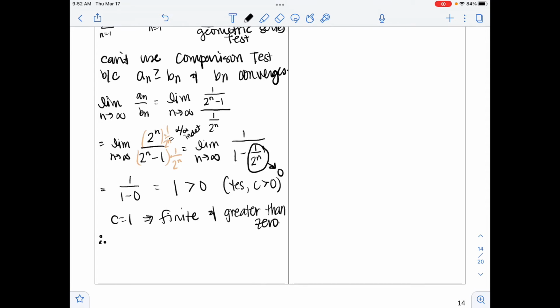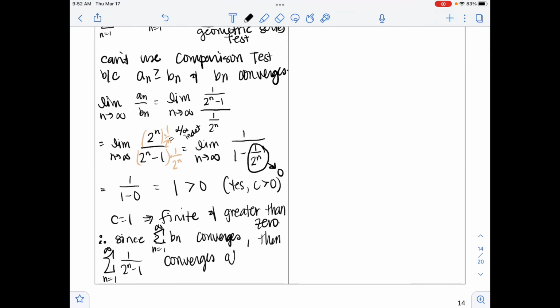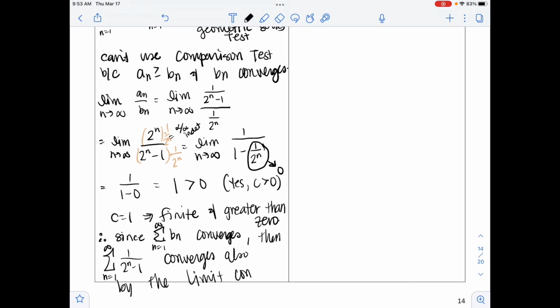So therefore, since the sum from n equals 1 to infinity of b sub n converges, then the sum of my original one, which is n equals 1 to infinity of 1 over 2 to the n minus 1, converges also by the limit comparison test.